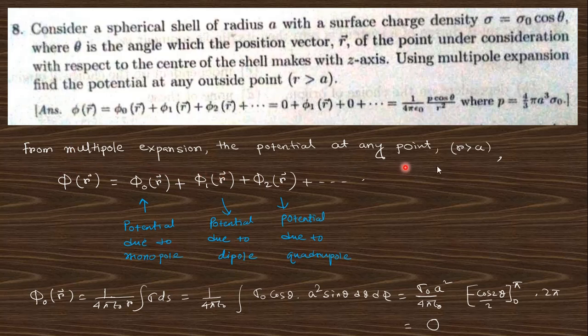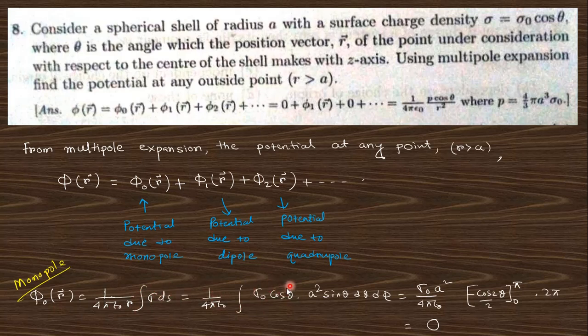You know the multipole expansion: the potential at any point is the summation of the potential at that point due to the monopole term, the dipole term, the quadrupole term, the octupole term, and so on. Clear? Now we want to find each term. The monopole term is 1 by 4 pi epsilon naught times the integral of sigma ds, that is the total charge.